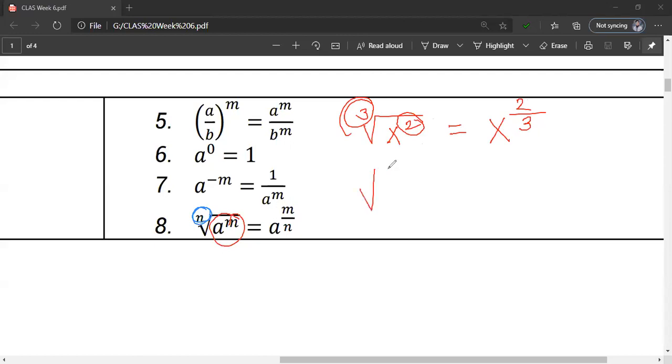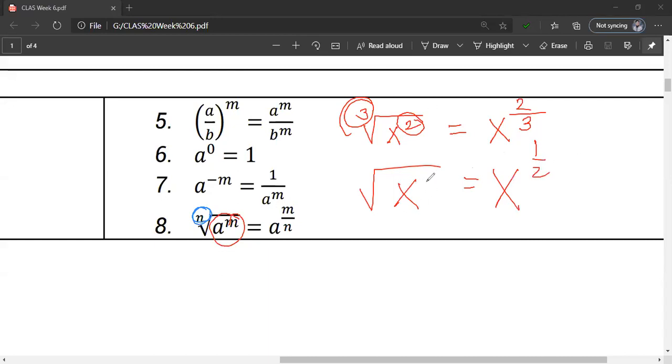So what if we have square root of x? So paano natin siya isulat using exponential form? X raised to 1/2 po. Okay, the answer is x raised to 1/2. Bakit x raised to 1/2?